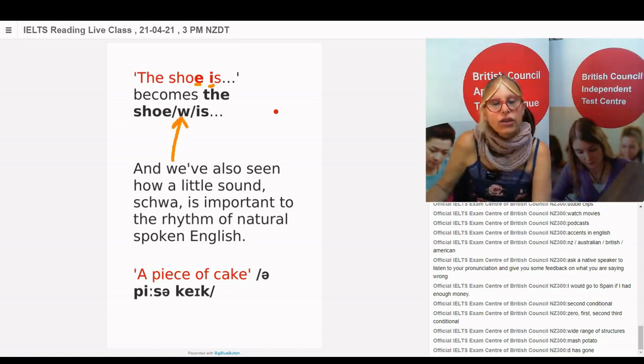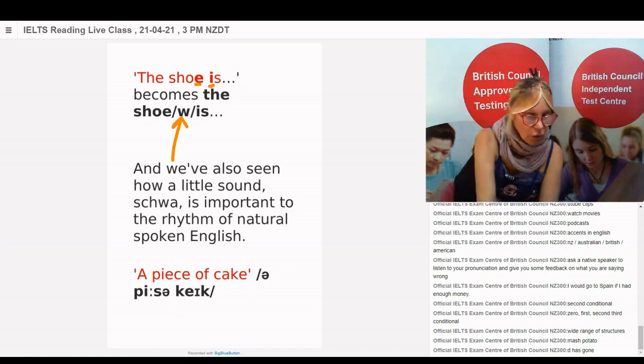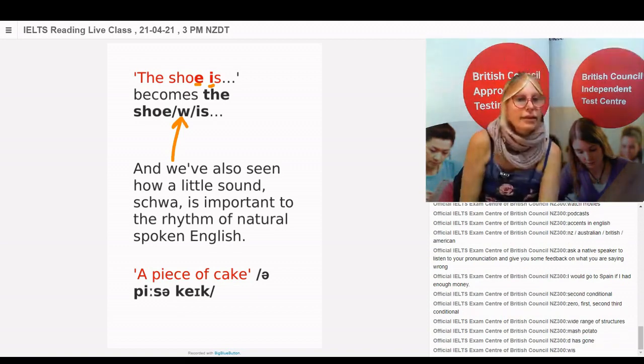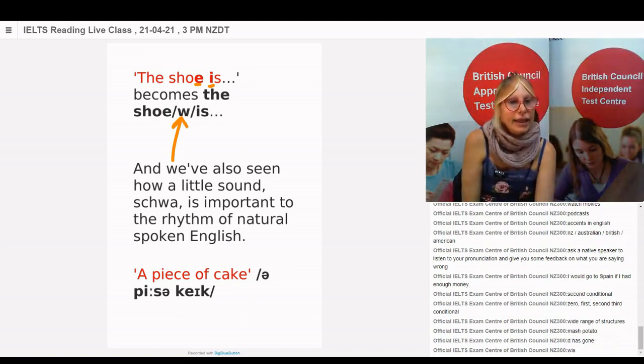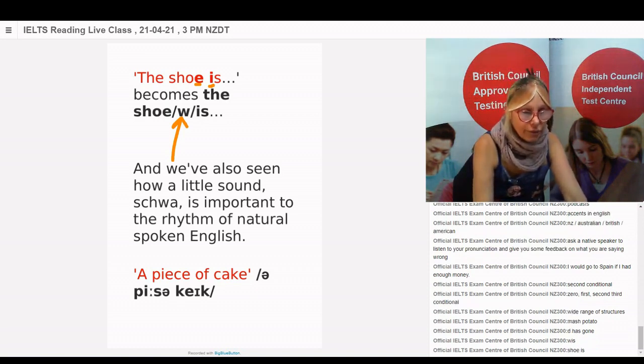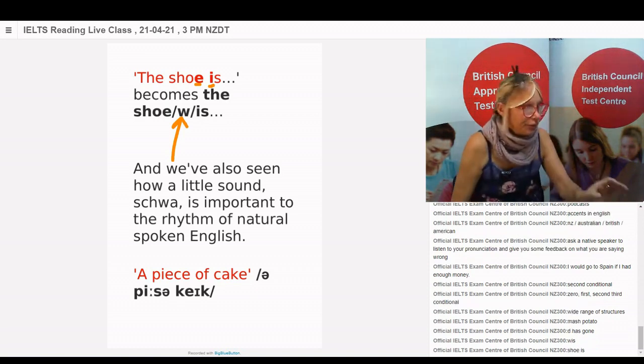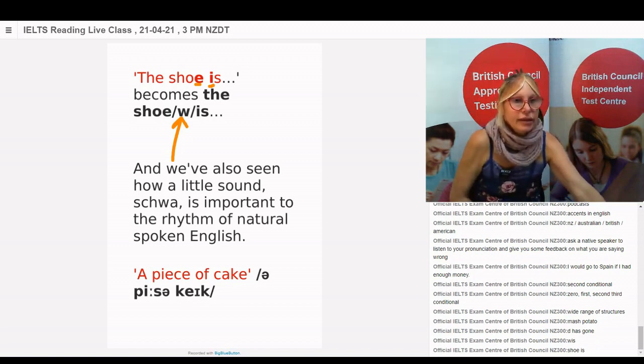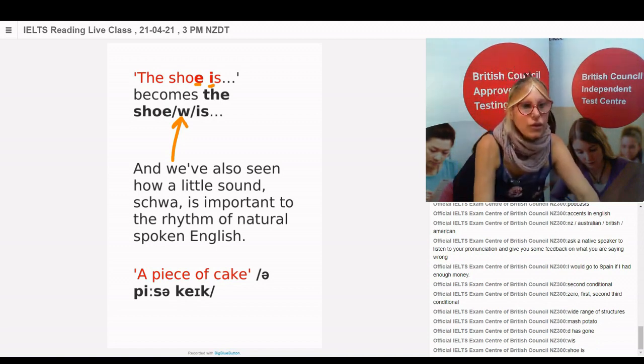It's almost like we've made up this new word, whiz, but really all we're saying is the shoe is.